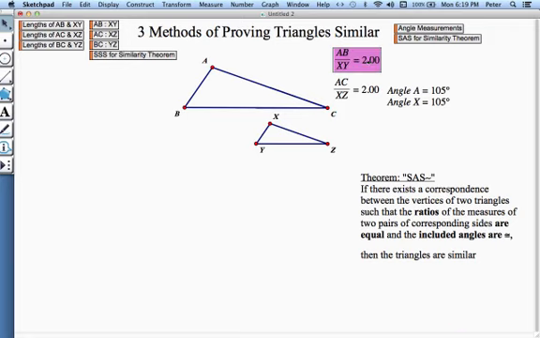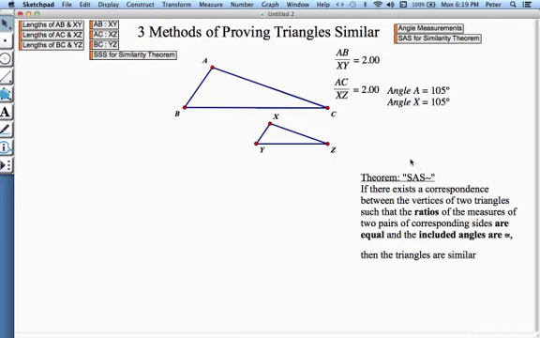So AB to XY and AC to XZ are equal, and the angle between those sides are equal. So proportional sides, congruent angles, means that the triangles are similar by side-angle-side for similarity.